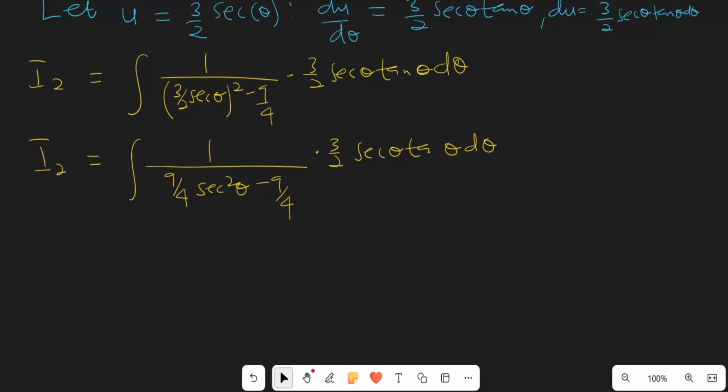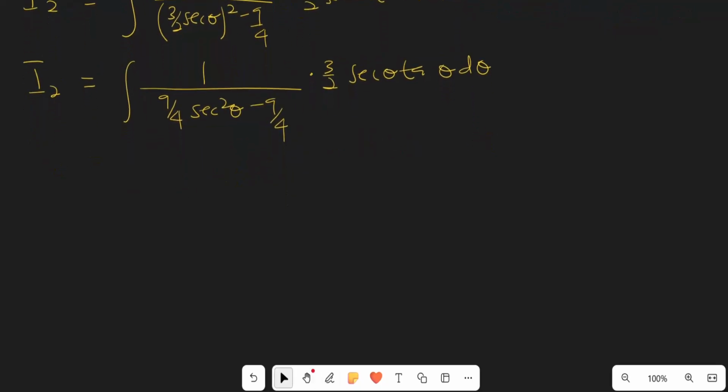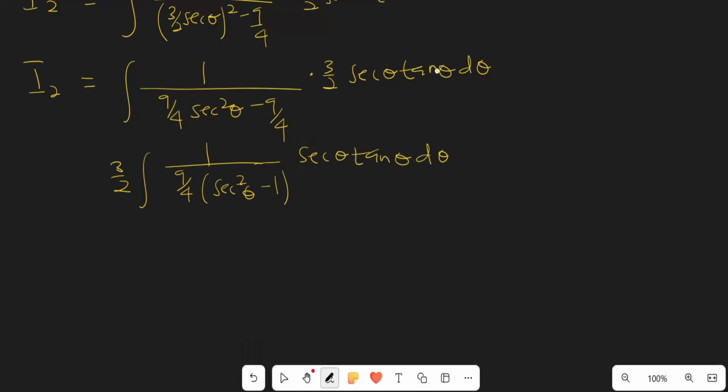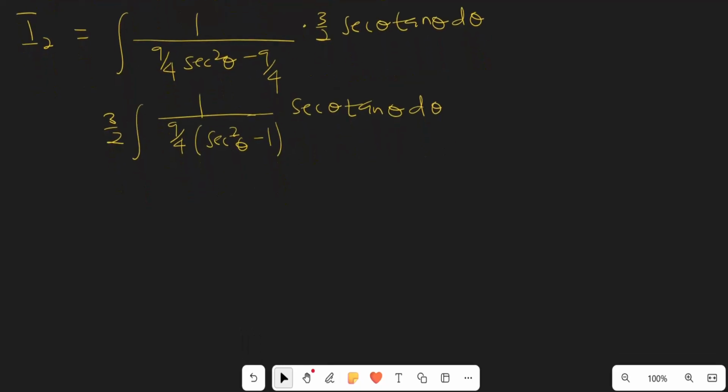3/2 is a constant, so it comes in front. 3/2 the integral of 1 all over 9/4 is factorized out. Then you have secant squared theta minus 1, times secant theta tangent theta d theta. 1 over 9/4 is a constant, so that becomes 4/9.